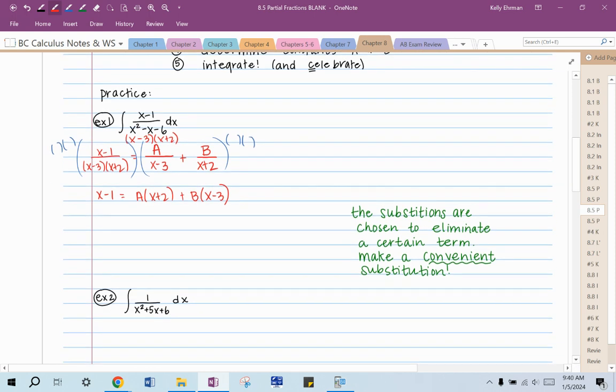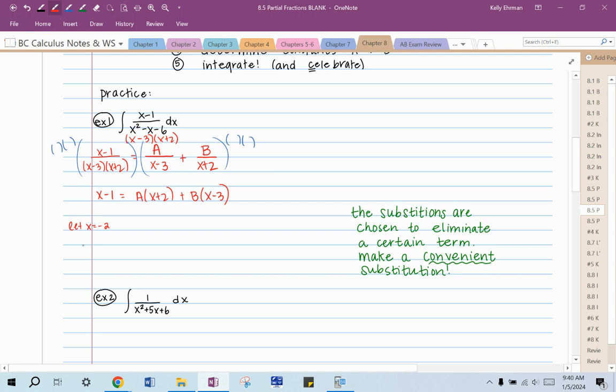Okay, and then we want to be able to solve for A and B. So we want to pick some values of x that will help us solve for A and B. You want to pick values of x that make either the A term disappear or the B term disappear. So let's start with, let x equal negative 2.